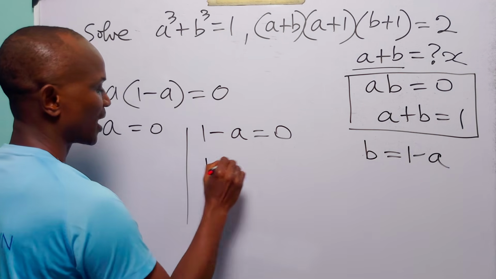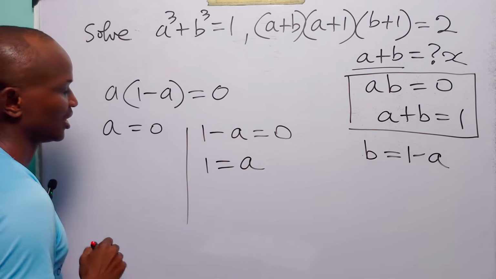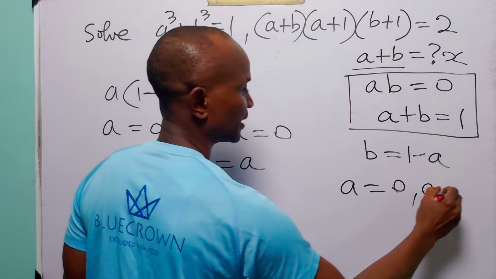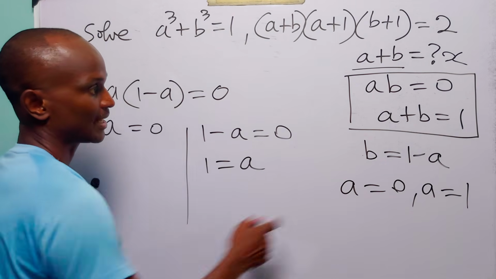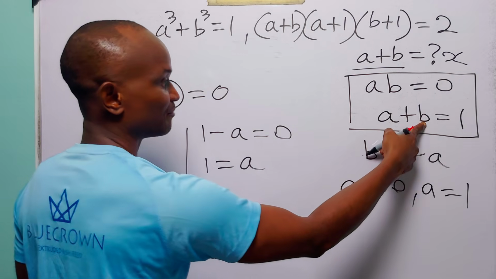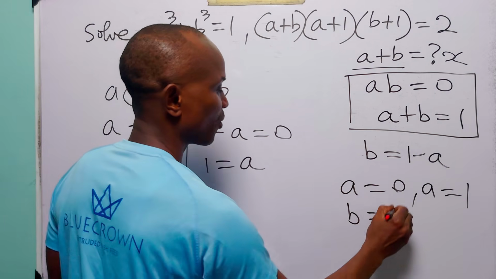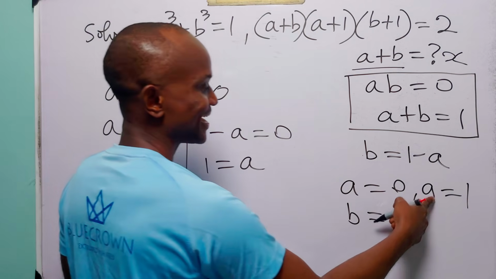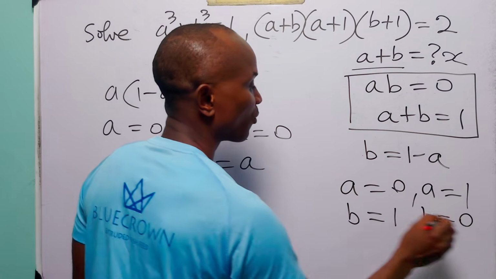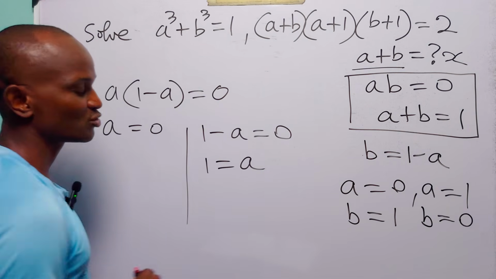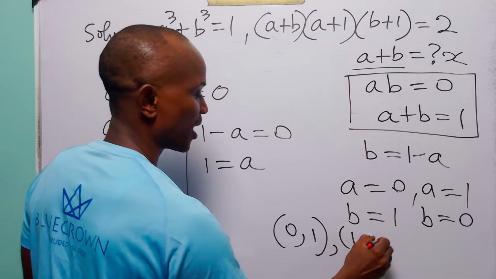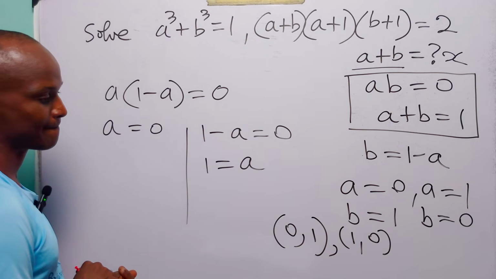Now from here we have that 1 is equal to a. So we have a equal to 0 and a equal to 1. Now from the second equation, when a is equal to 0, then b is going to be equal to 1. And when a is equal to 1, then b is going to be equal to 0. So we have the 2 points, 0, 1, and 1, 0.